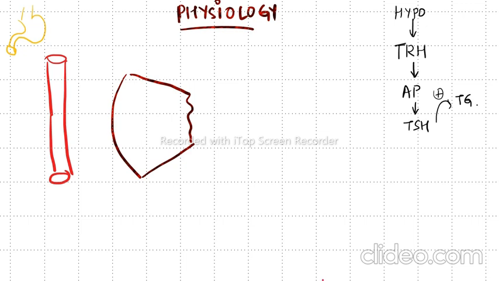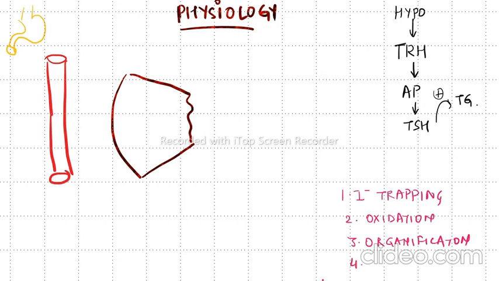There are a total of 4 steps. First is iodine trapping. Second is oxidation reaction. Third is organification, and fourth is coupling reaction.